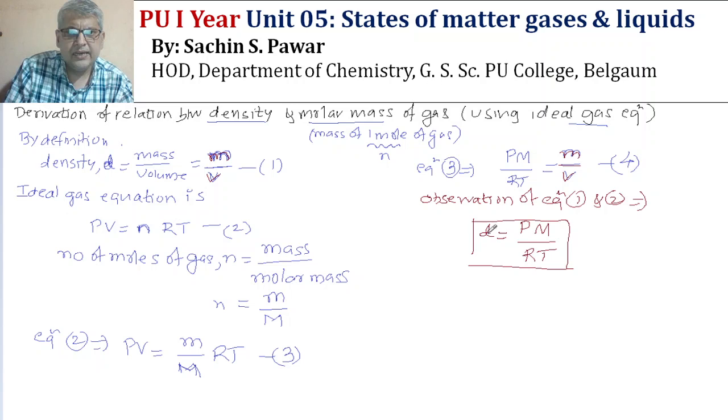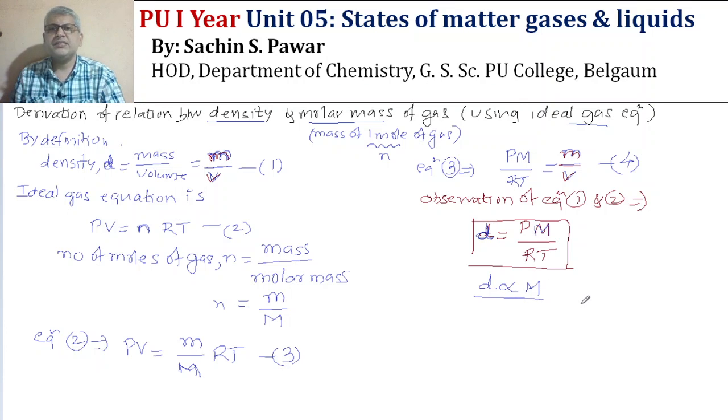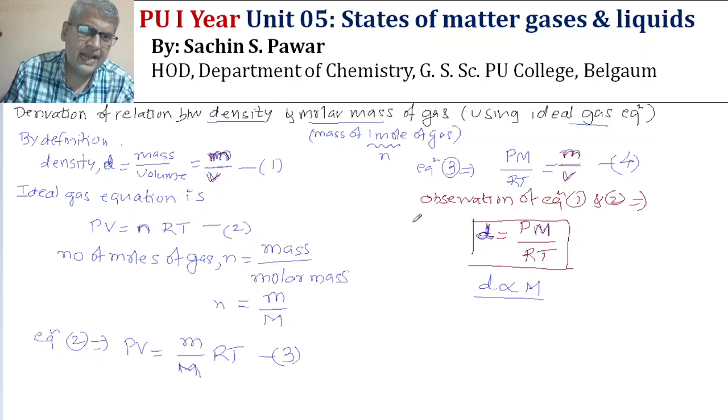And it's clear that density on the left hand side is in the numerator, and molar mass on the right hand side is in the numerator. Therefore density is directly proportional to molar mass, and this is the relation between density and molar mass. Density of the gas is directly proportional to molar mass of the gas.